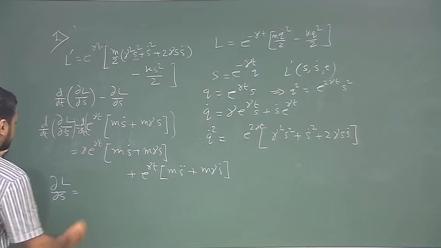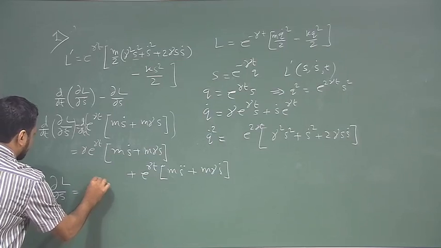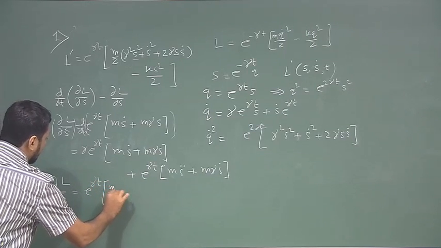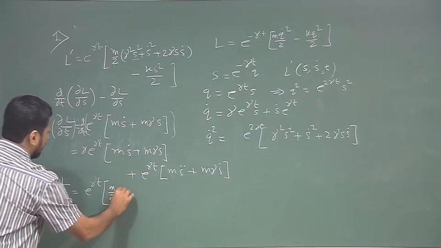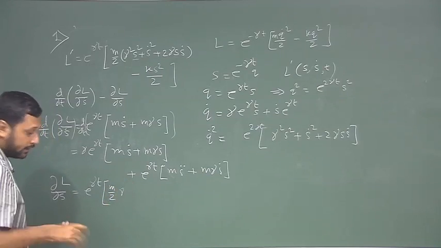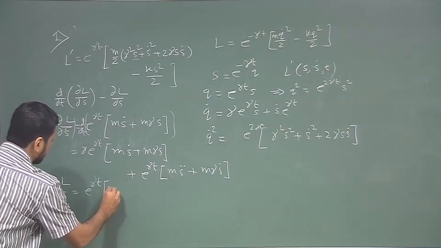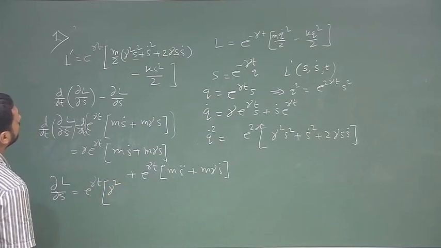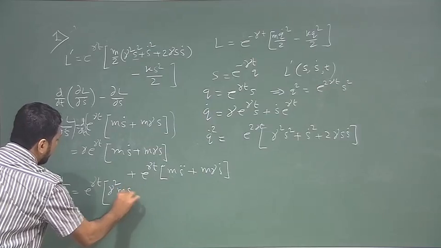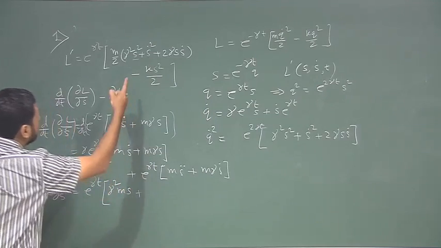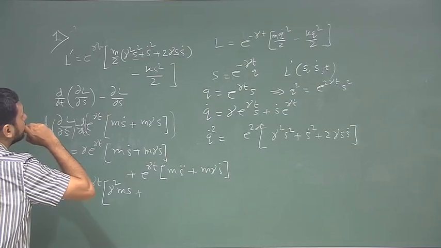So, we have once again e to the power gamma t, m by 2, sorry, 2 will cancel out. So, it will be m S gamma square, m S, plus 2 will cancel out, so it will be m gamma S dot, right.